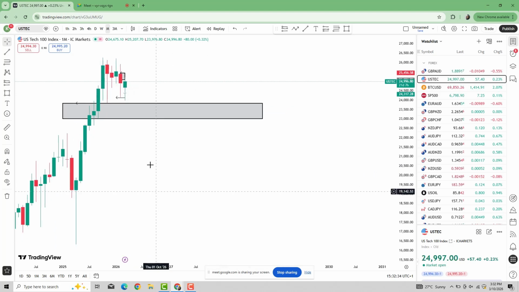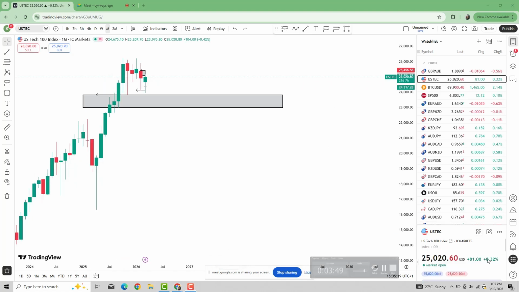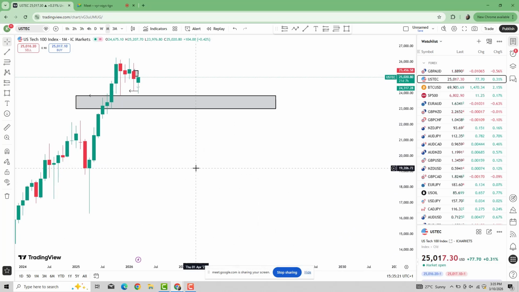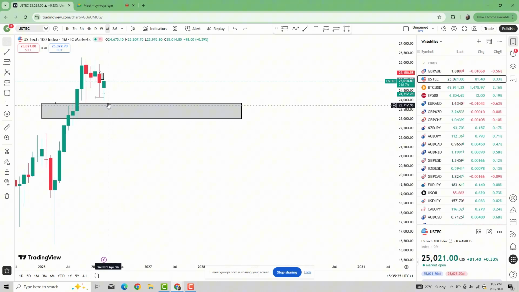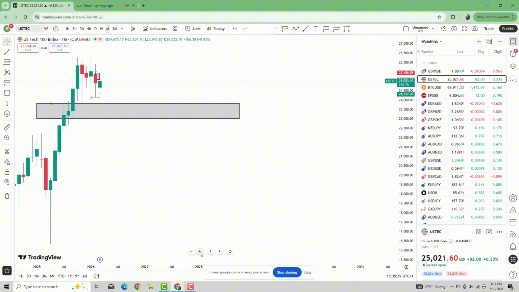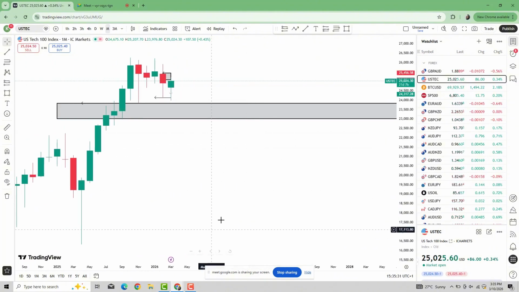Now coming down to the monthly time frame. Okay, sorry for that. So if you look at the monthly time frame, let me zoom it in very well.